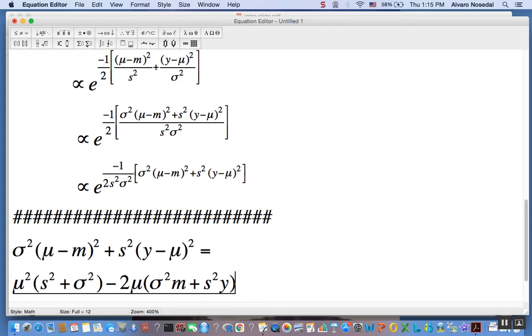And then you're going to have the other terms, right? In this case, you're going to have mu squared minus 2 times mu times m plus m squared, and then you would have m squared times sigma squared, right?